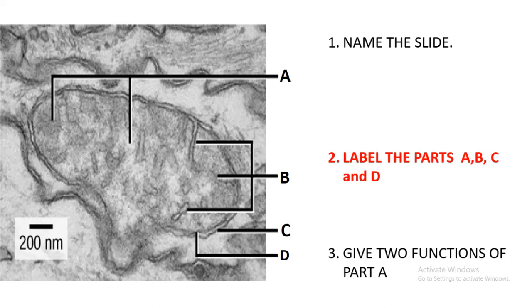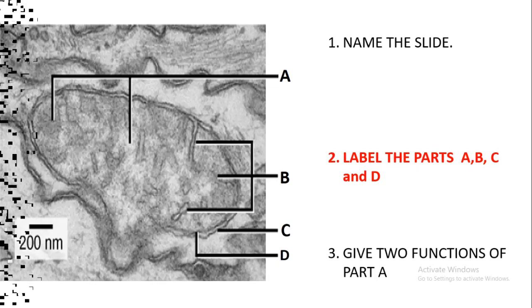So you need to be able to know this slide. Very important for the exam, and make sure that you know its labels. I'm giving you an assignment. Give me the answers of A, B, C in the comment section, and also give me the function of A.